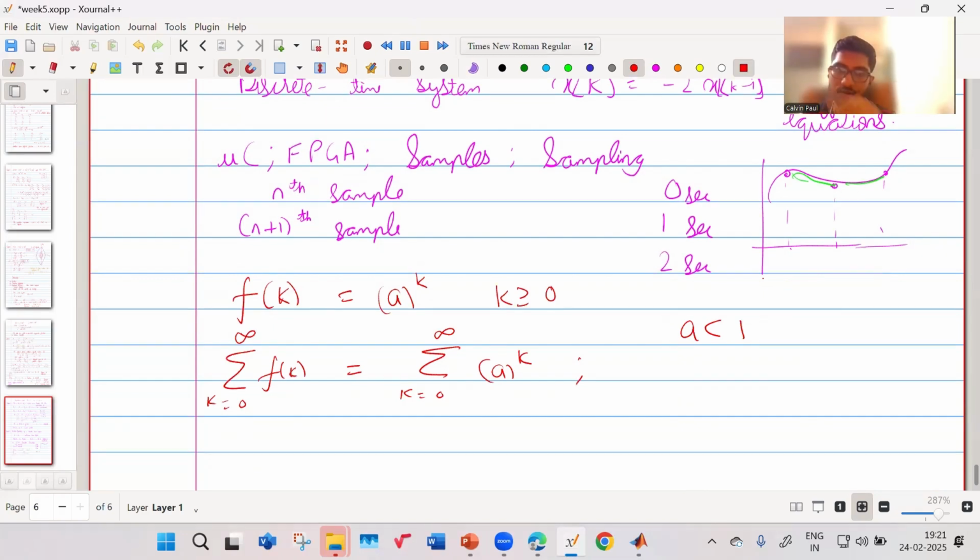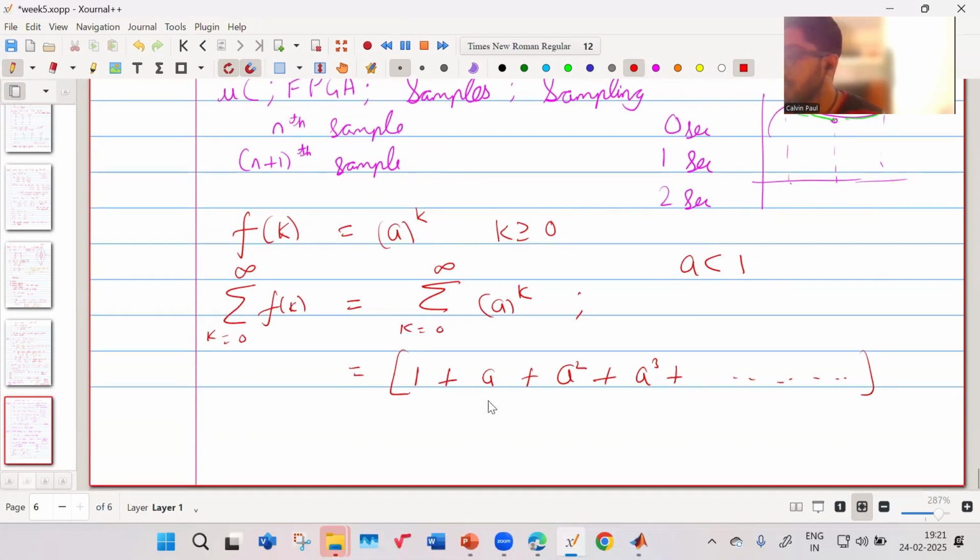So how will I find the summation of this? If you put k as 0, a raised to 0 is 1. You put k as 1, it is a. Then it is 1 plus a plus a square plus a cube plus dot dot dot.